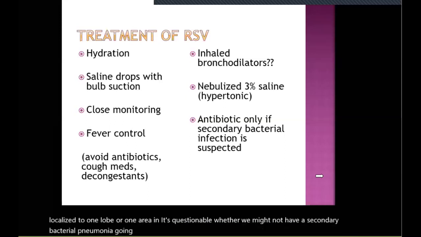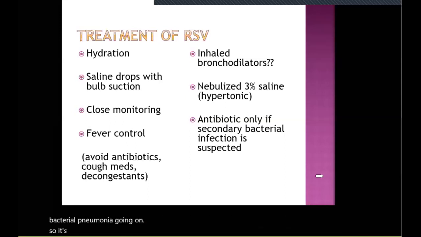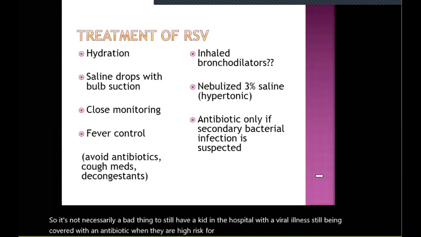So it's not necessarily a bad thing to still have a kid in the hospital with a viral illness still being covered with an antibiotic when they are high risk for a secondary bacterial infection.